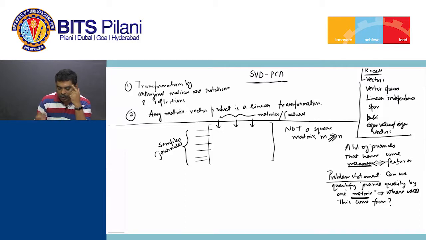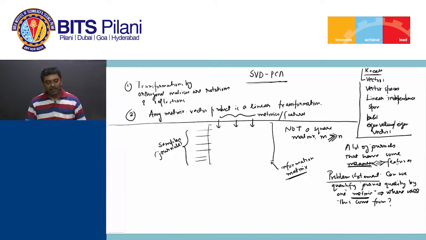Okay, so what you have is an information matrix with a lot of rows, each row representing a journal, and a few columns, each column representing some sort of a feature of that metric. Okay, and as I said, we really did not want to define another metric or a feature. So we have to work with the information matrix that is given to us.